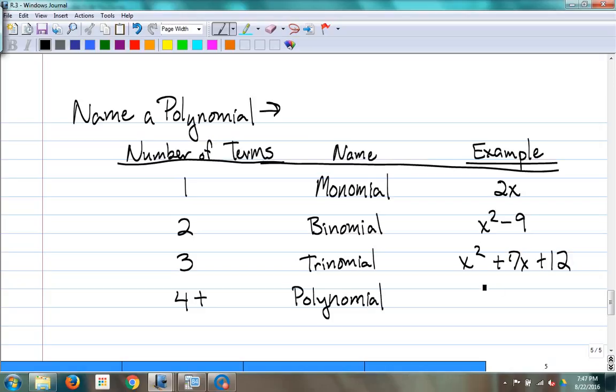An example of that might be something like x to the 3rd plus 5x squared minus 6x plus 36. That's a polynomial. It's got 4 terms in it. But anything bigger than 3, we call it a polynomial. We only name 1, 2, and 3 term polynomials. That's monomials, binomials, and trinomials, respectively.